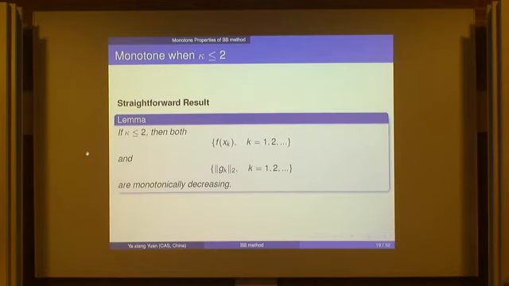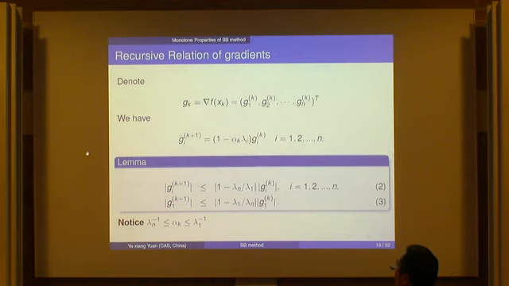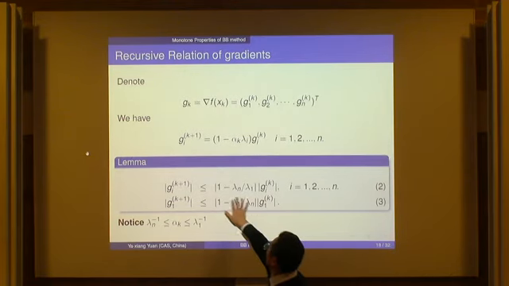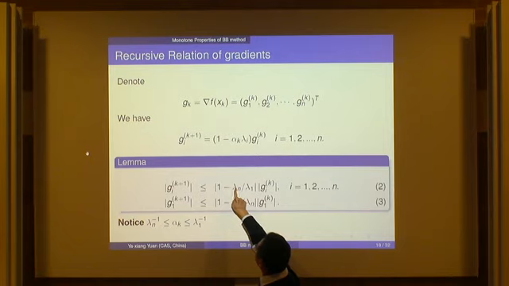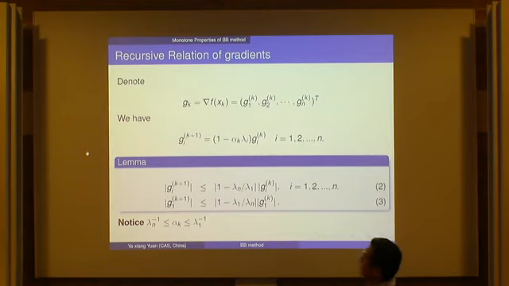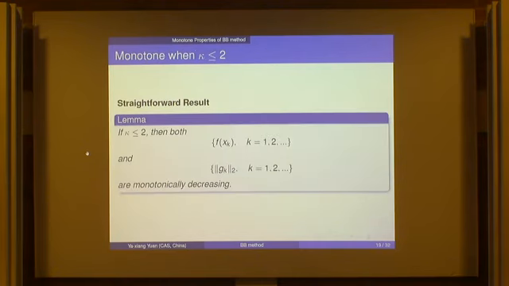Based on these results, if lambda n divided by lambda 1, which of course is greater than 1, is less than 2, then 1 minus this quantity will always have absolute value less than 1. So for the special case where the condition number of the function is not too large, both of these will be monotone. This is a very trivial result, not really needing mathematical analysis; any student can see this.